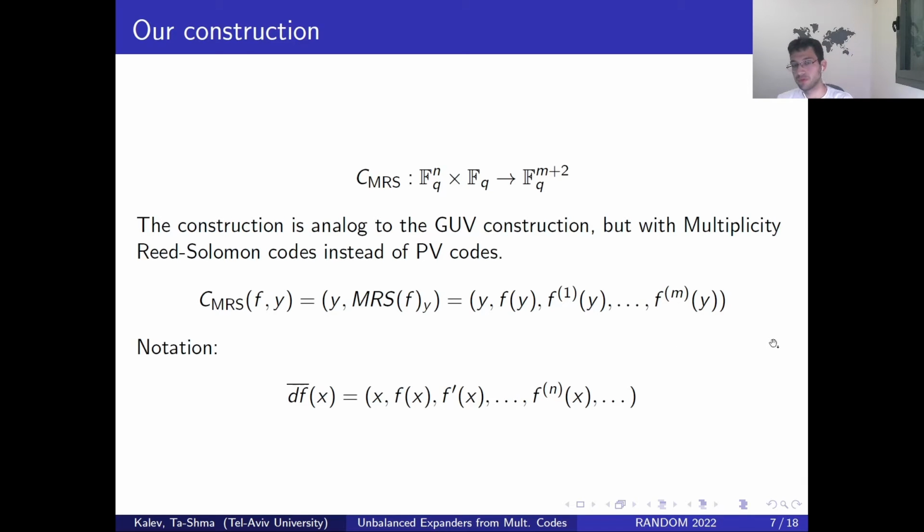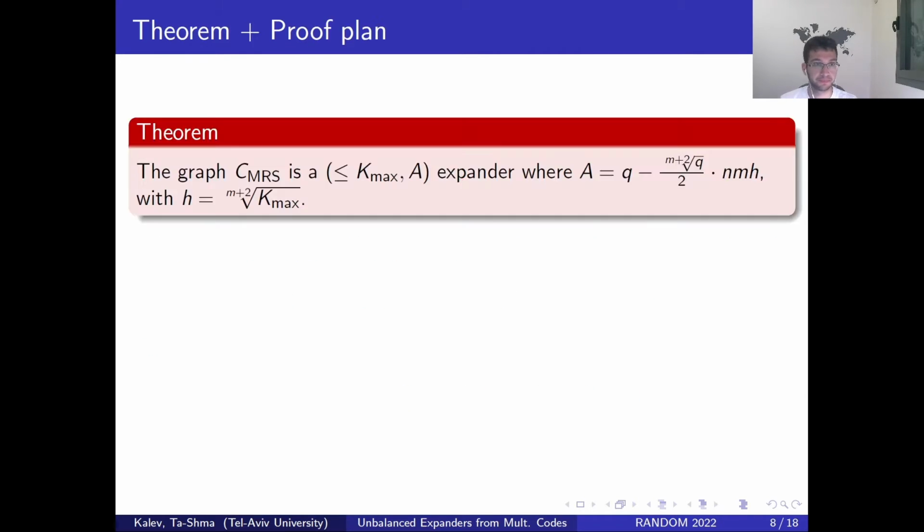This is also a good time to introduce the notation Df(x). Df(x) is the infinitely long vector of x, f's first derivative at x, f's second derivative at x, and so forth up to infinity.